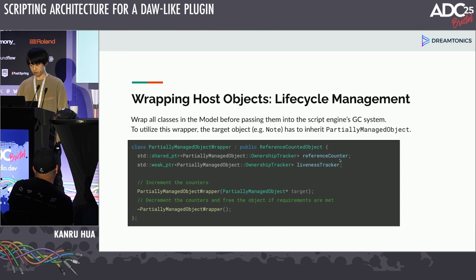Inside it, there is a pair of pointers, one a shared pointer, one a weak pointer, pointing to pretty much the same thing. By comparing the usage counters of these two, you can tell the state of the object, whether it's being owned by the plugin, by the script, or by the host. Based on the values of the counters, you can decide to free it or not when you're destructing this reference counted object.